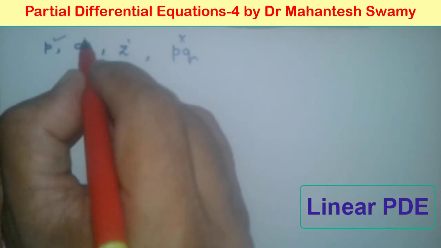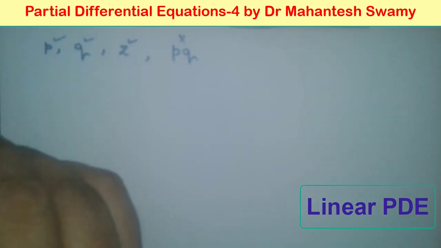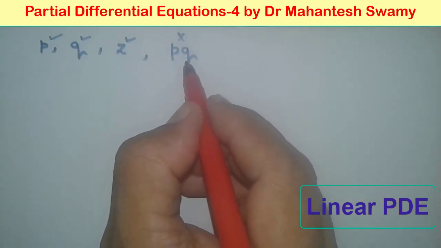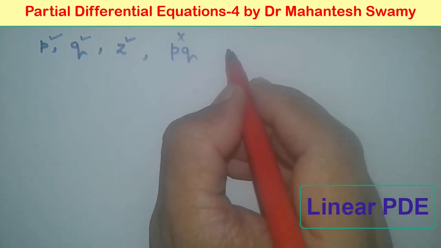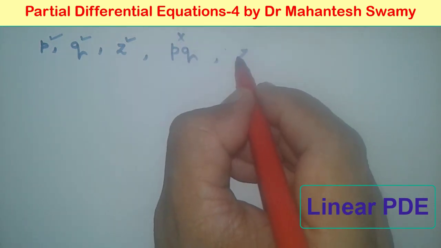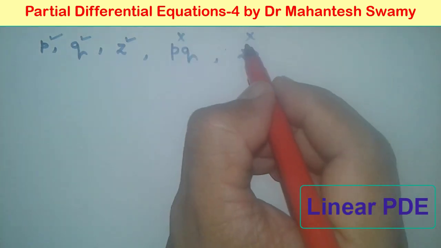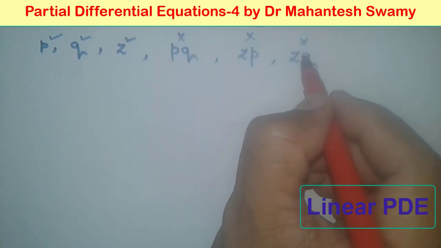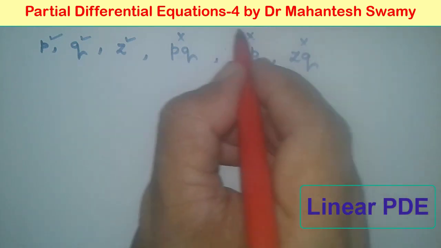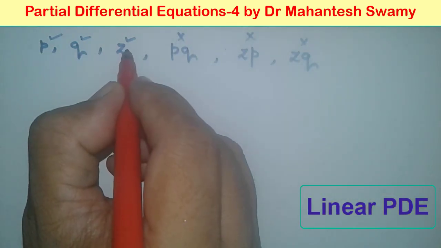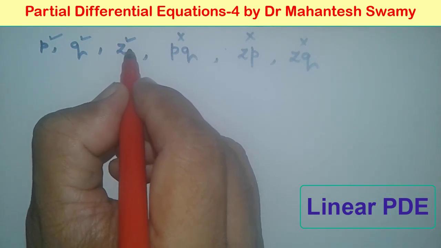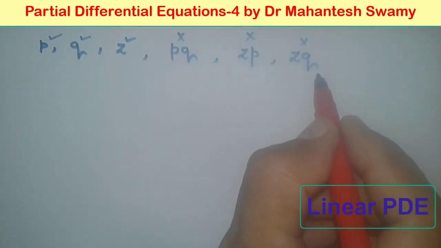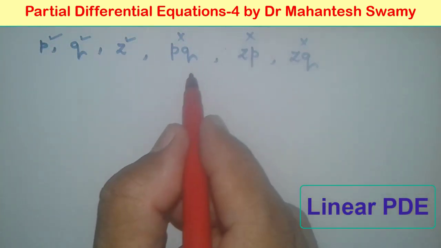P must be there, q must be there, z must be there in first degree, and p, q must not be multiplied together, and also the dependent variable is not multiplied with the partial derivatives, that is z is not multiplied with p, this is not permitted. Z is not multiplied with q, this is also not permitted. So all these things should not be there, and p, q, z must be in the first degree. Then we say that the given partial differential equation is of linear type.